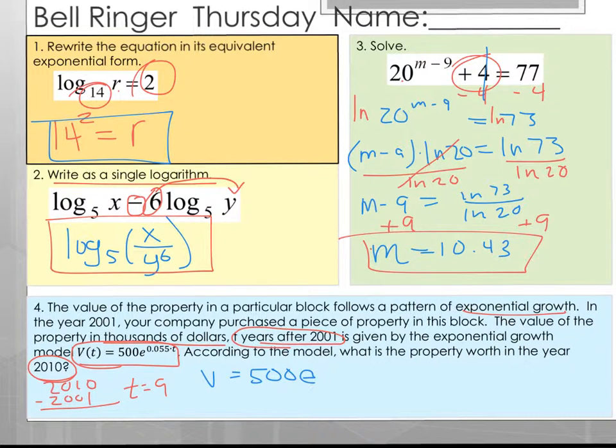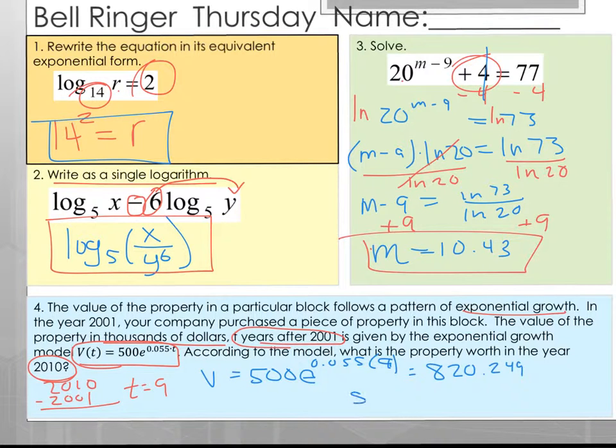500 times base e raised to the power of 0.055 times 9, and let's put that in the calculator, and we get 820.249. Now, referencing back into our problem, they said that's the value in thousands of dollars.